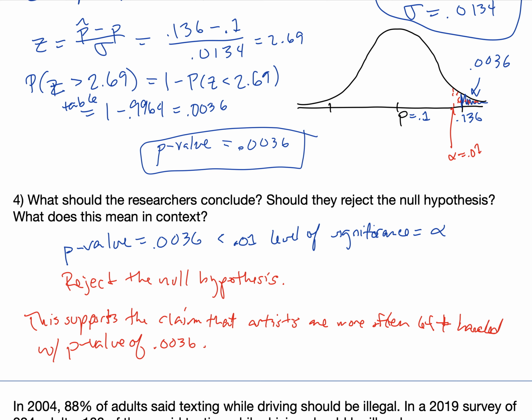So again, that's saying that the probability of a result at least this extreme, if artists really are only left-handed at a rate of 10%, the probability of observing 68 out of 500 artists being left-handed is very low, is 0.0036, is less than 1%. And so we're rejecting the null hypothesis. This supports the claim that artists are more left-handed with a p-value of 0.0036.